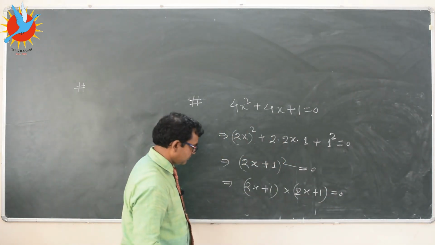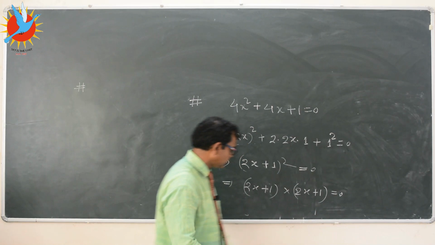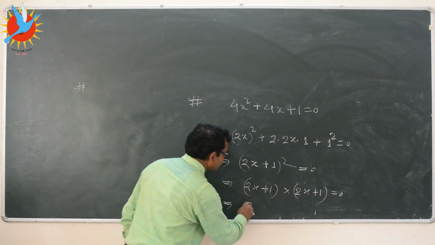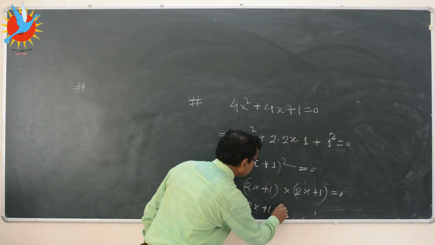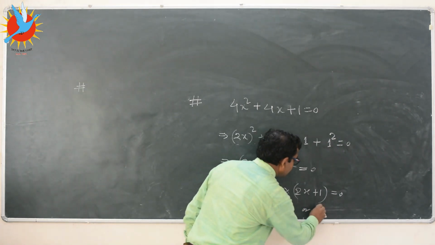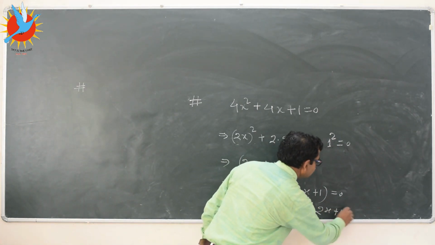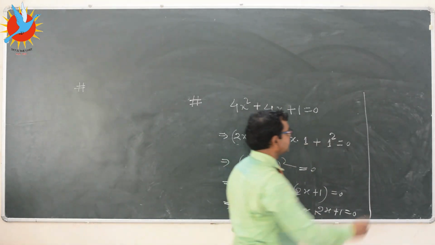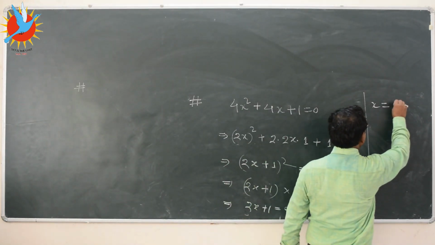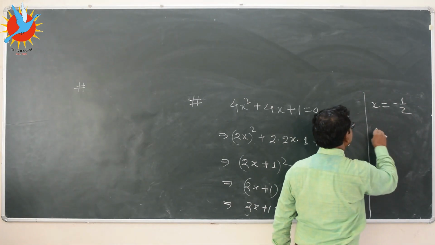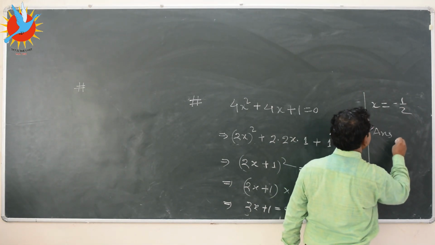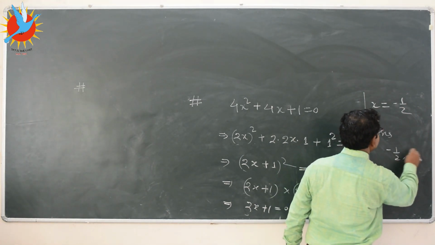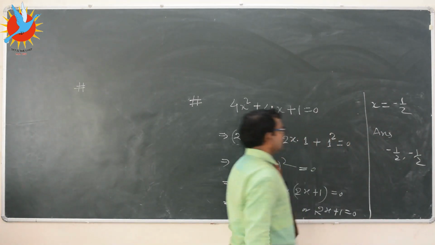Equating both factors to 0, we have 2x plus 1 equal to 0 or 2x plus 1 equal to 0. In both the cases we have the same solution, x equal to minus 1 by 2. Therefore the solution of this quadratic equation is minus 1 by 2, minus 1 by 2.